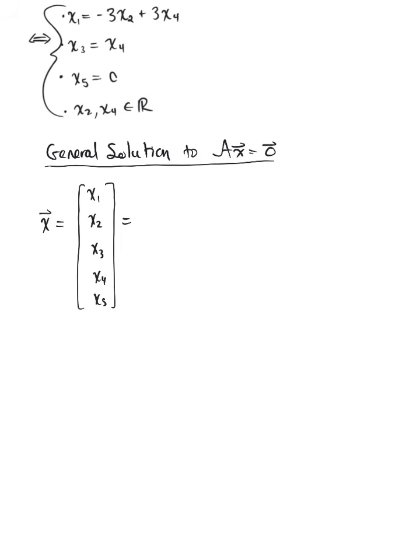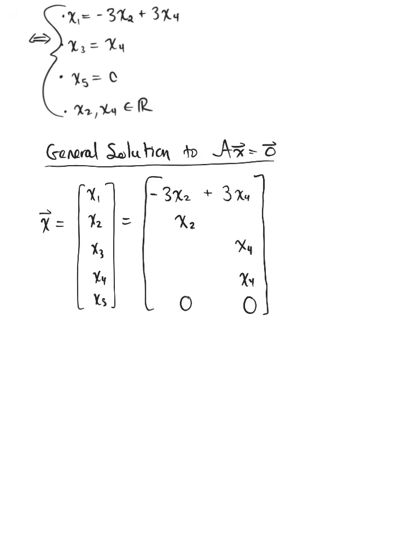Our first equation reads negative 3 x sub 2 plus 3 x sub 4. We then have x sub 2 is free. We have x sub 3 defined as x sub 4. We know that x sub 4 is free, and we know that x sub 5 is equal to 0. I'm going to incorporate a 0 into each row there. Of course, you can skip this step and go right for it. Otherwise, it can help to incorporate zeros into those missing entry positions.